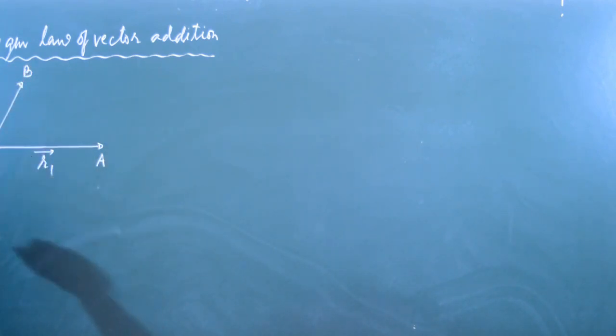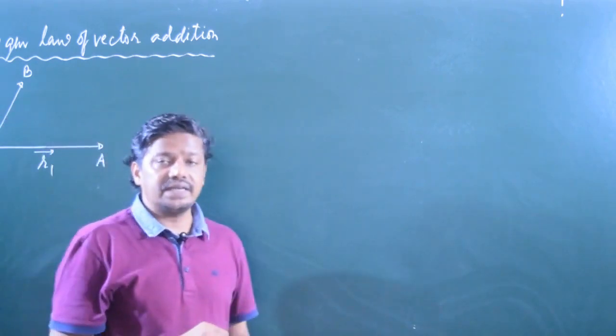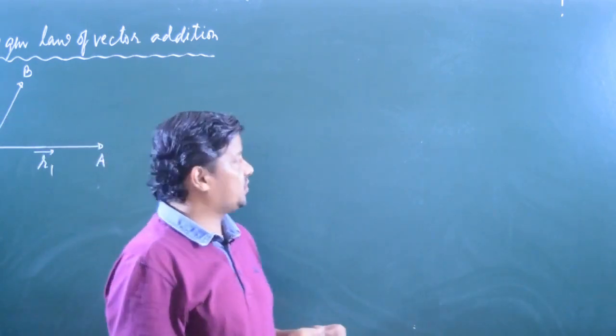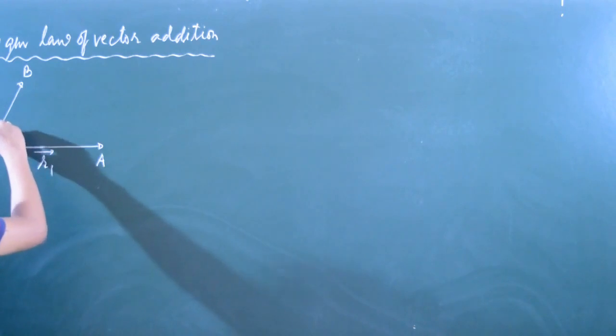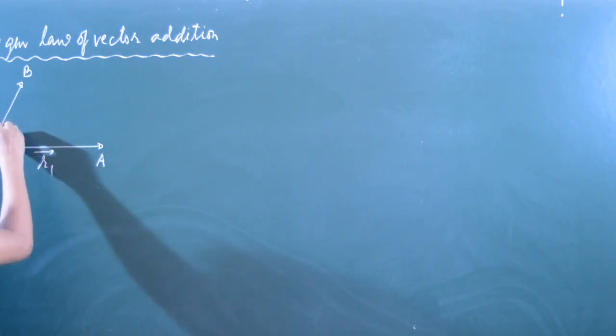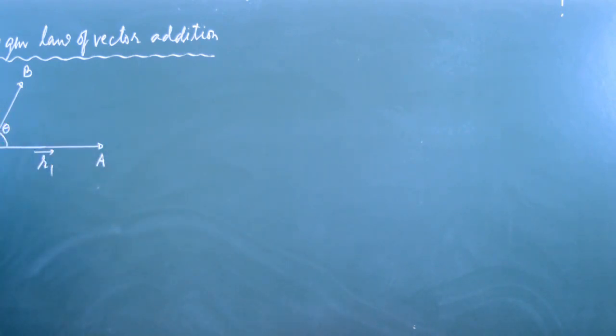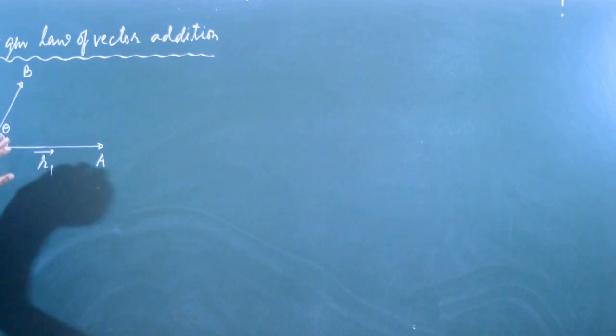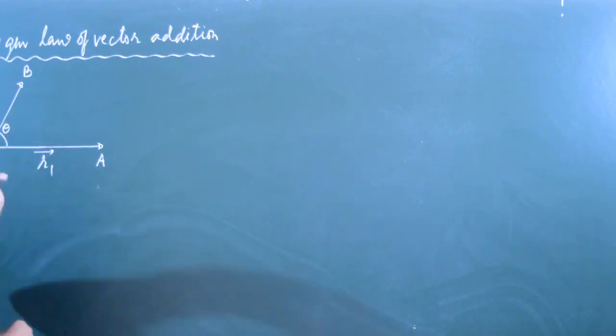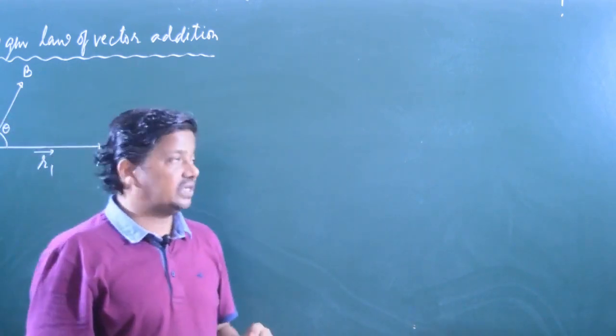These are two coinitial vectors. Vectors initiating from the same point are called coinitial vectors, and theta is the angle between the vectors. So if theta is the angle between two coinitial vectors, then the resultant of the two vectors is the diagonal of the parallelogram formed using the vectors.